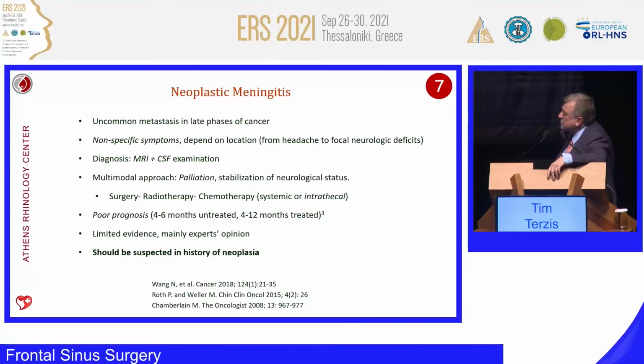So it was neoplastic meningitis, which we don't see very often, do we? Uncommon metastasis in late phases of cancer, non-specific symptoms, of course, bad prognosis, limited evidence on what to do, mainly experts' opinion. The message here is we should suspect it in a history of neoplasia.